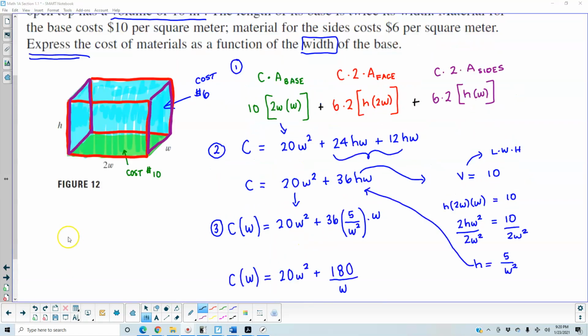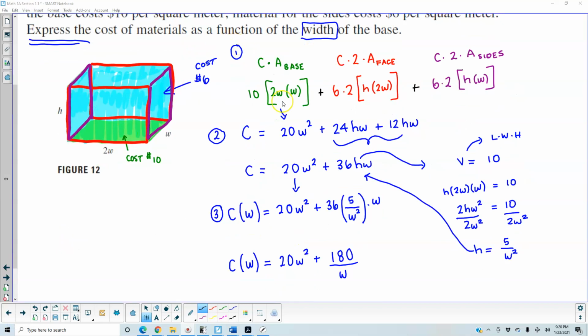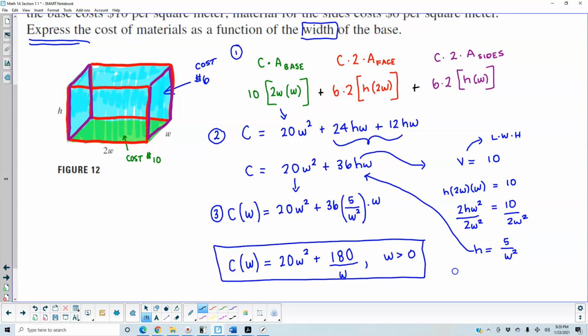So now this is our cost of materials as a function of the width of the base, C of W. The only thing we need to make sure of is that this w in the denominator cannot be 0. So that means our width has to be greater than 0. And therefore there is the formula of our cost function.